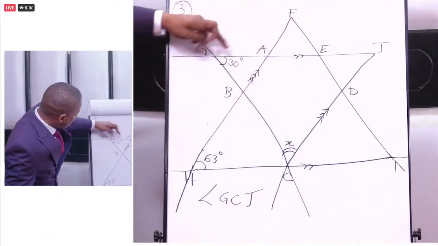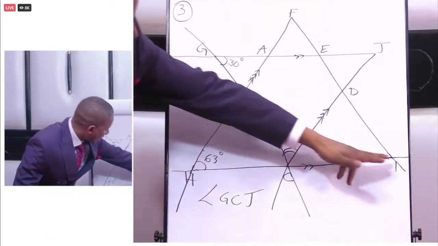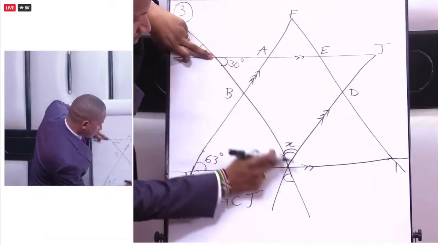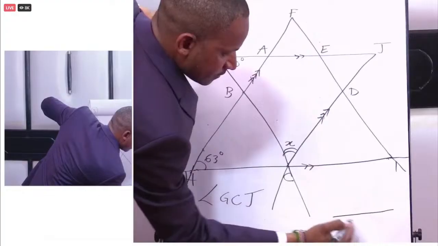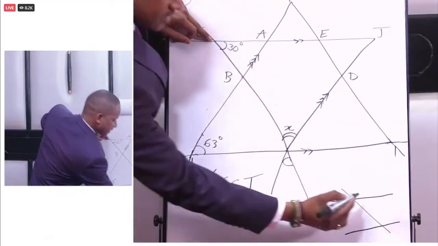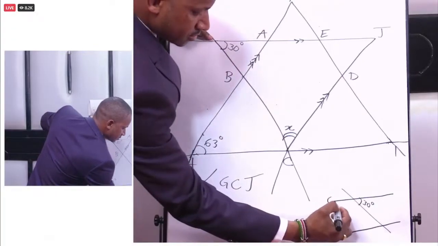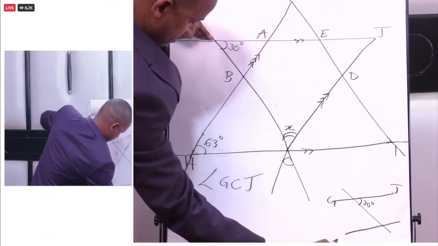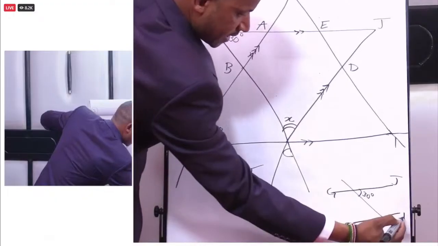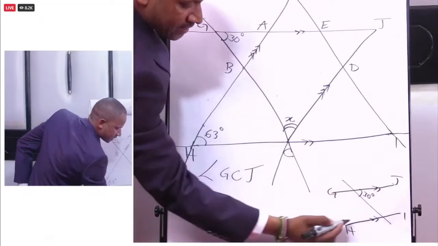Now, GJ is parallel to HI. There's a line in between here. This angle you are told is 30 degrees. This is G, this is J, then this is H, this is I. These two are parallel.